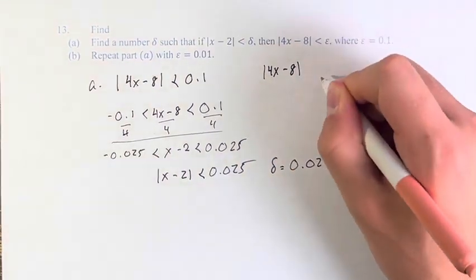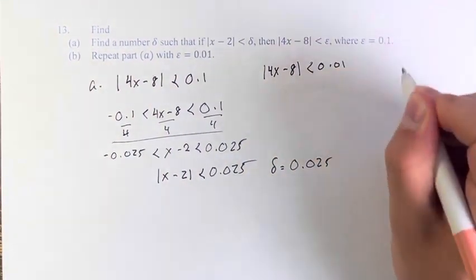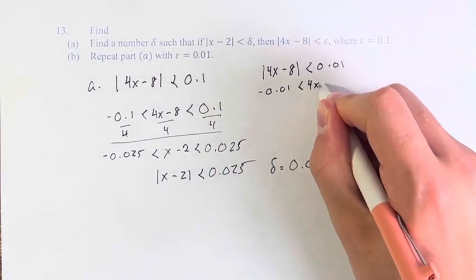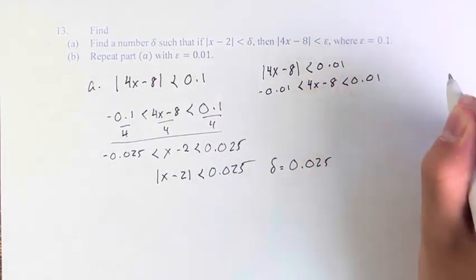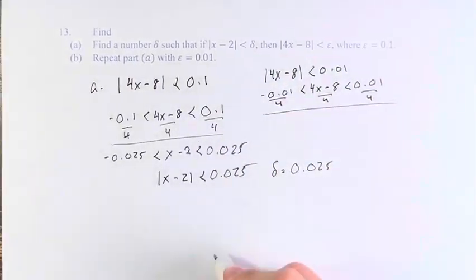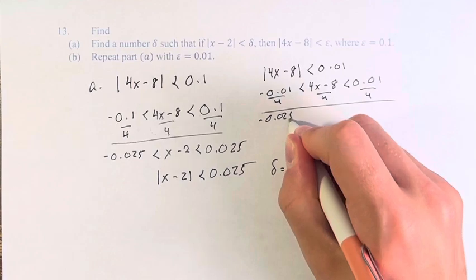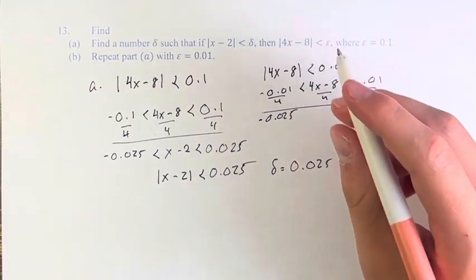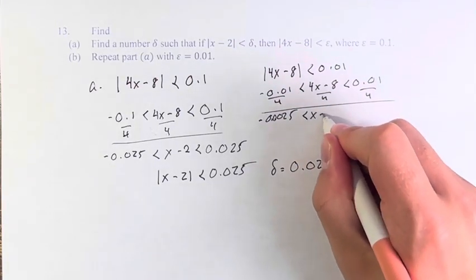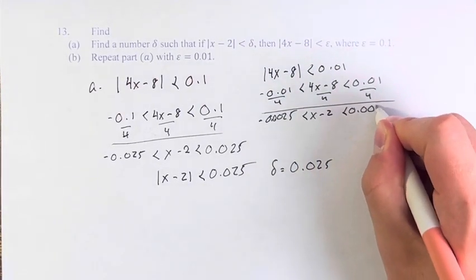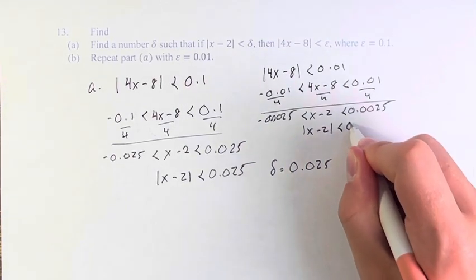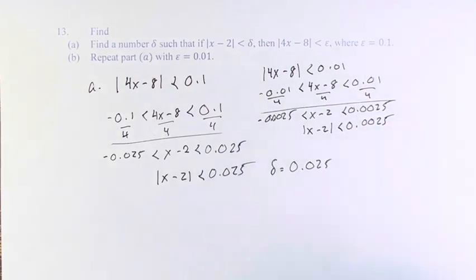So if the absolute value of 4x minus 8 is less than 0.01, you can say that negative 0.01 is less than 4x minus 8 is less than positive 0.01. Dividing by 4, just like before, we get negative 0.0025 is less than x minus 2 is less than 0.0025, and therefore the absolute value of x minus 2 is less than 0.0025.